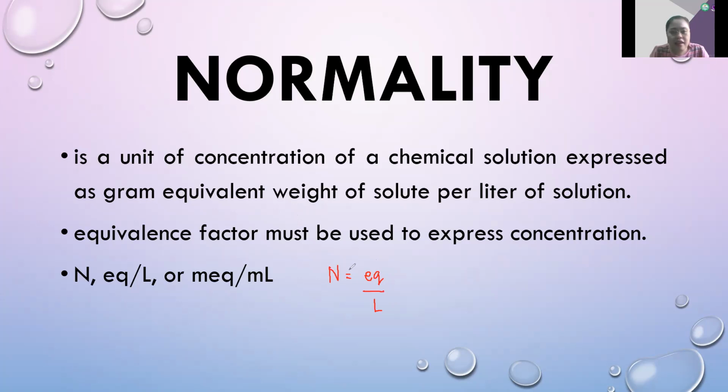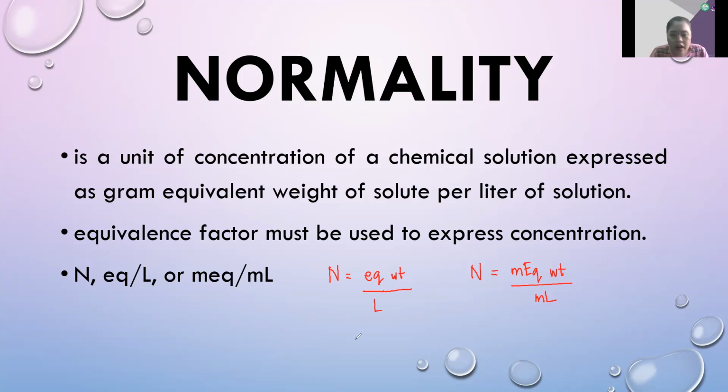Either normality is equal to equivalent weight per liter. Pwede din siyang normality is equal to milli-equivalent weight per ml. If the volume that is given is in ml, we have to use the milli-equivalent weight.